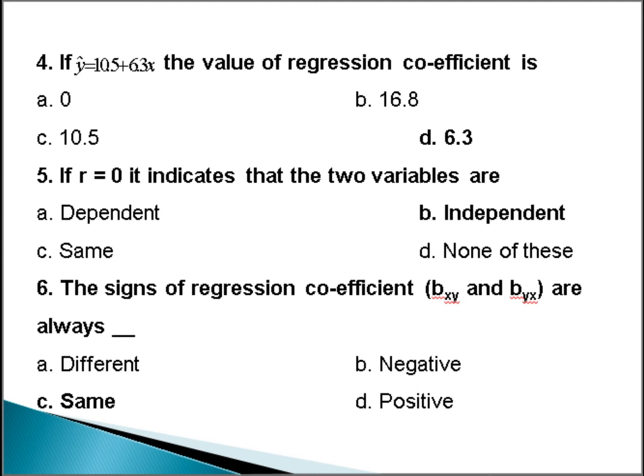Now statement number 6. The signs of regression coefficient bxy and byx are always A different, B option negative, C option same, D option positive. The true answer is C option same.